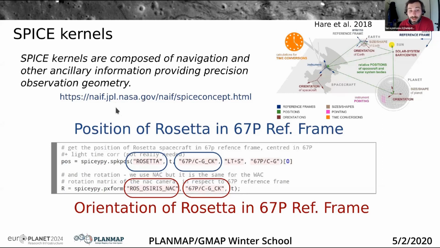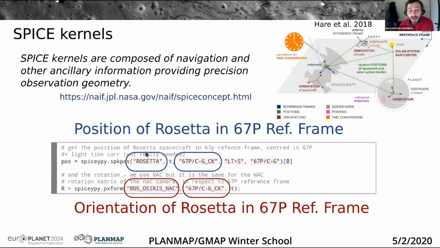For example, asking what was the position of a given spacecraft at a given time in a given reference frame. So in this example, I was asking, give me the position of the Rosetta spacecraft at the time t in the reference frame of the 67P comet.